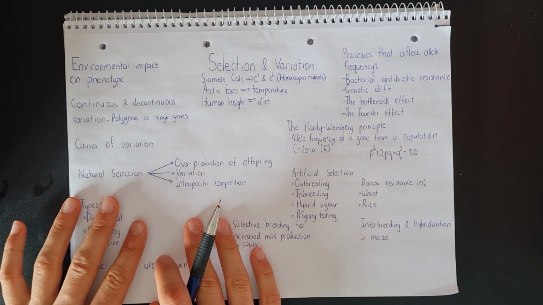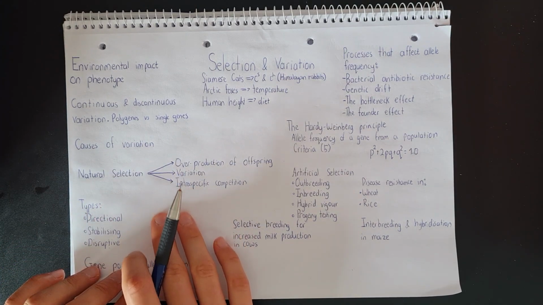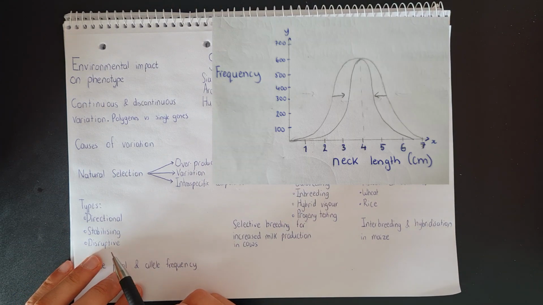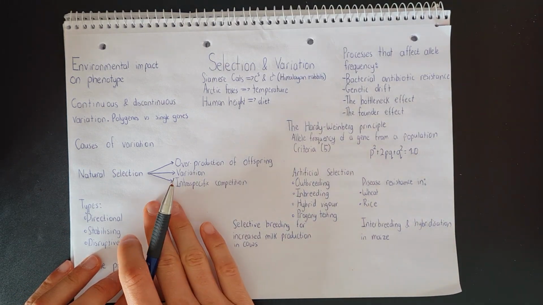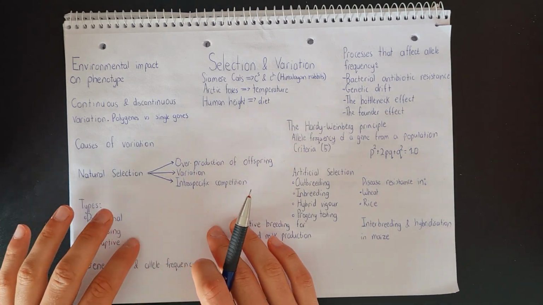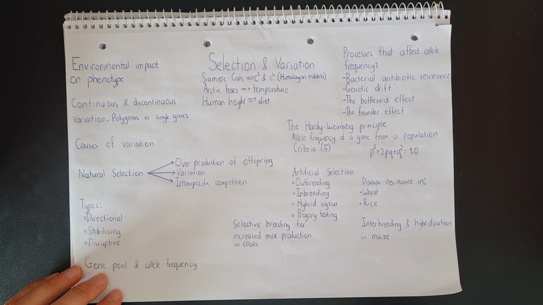Okay, so we will just see that the extreme phenotypes will reduce in number, and that intermediate phenotype will be the most advantageous. Disruptive selection is when the intermediate phenotype is the least favored and the extreme phenotypes are more favored. They're better adapted to the given environment.